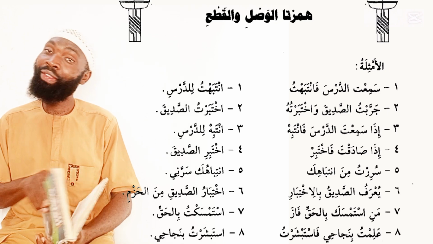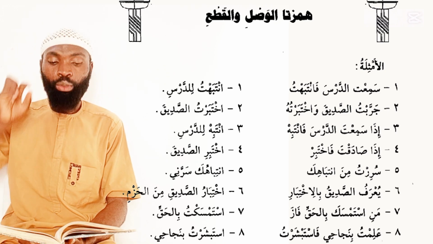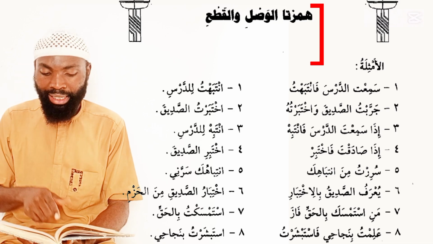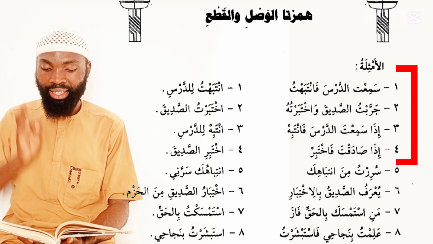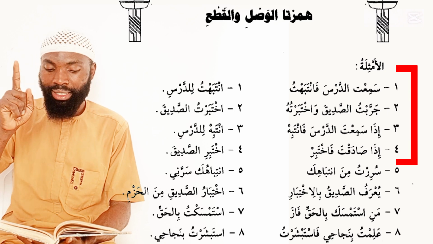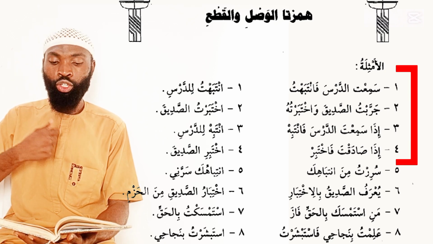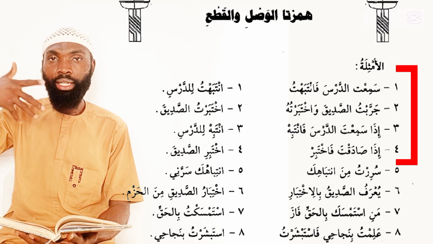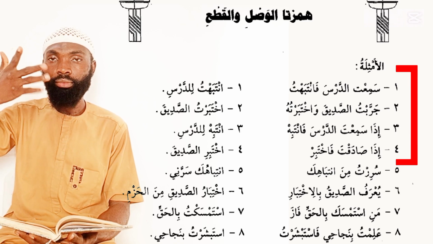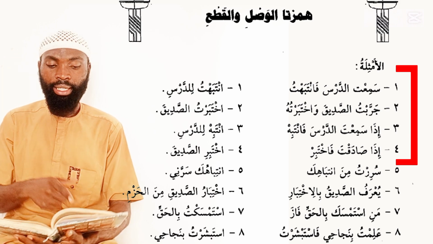We are still using our book An-Nahw al-Wadih lil Marhalat al-Ibtidaiya, and we are on the topic Hamzatul Wasli wal-Qat'i. Now we have a lot of examples from the two sections. The first one says, Sami'tu darusa fantabahtu. I listened to the lesson and I became cautious.